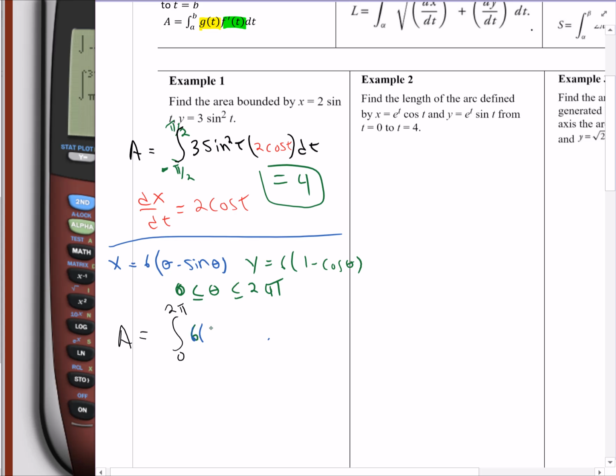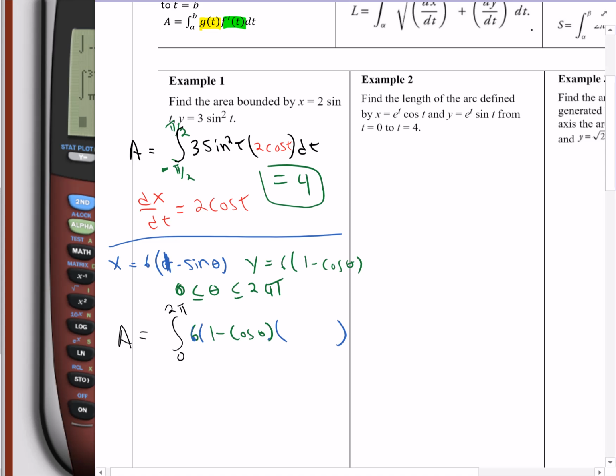So 6 times 1 minus cosine theta, and then we're going to multiply by the derivative of the x piece. I'm sorry, this should be a 1, not a theta. That's a 1.